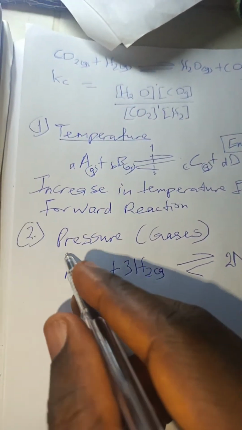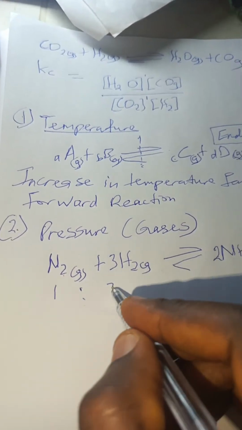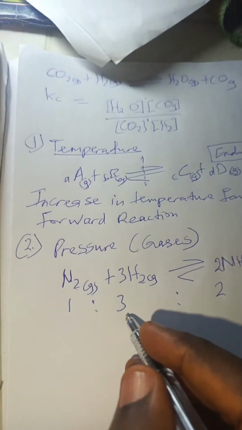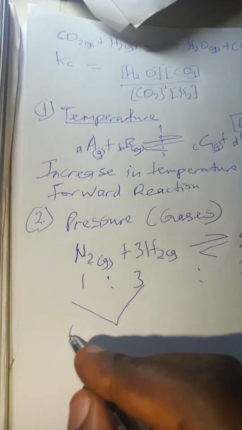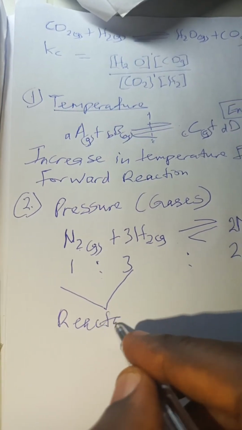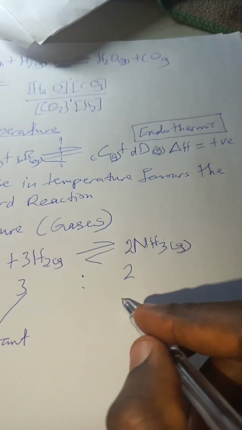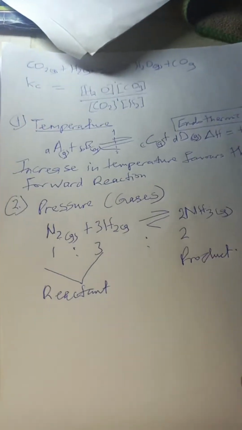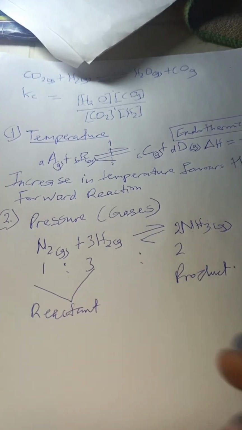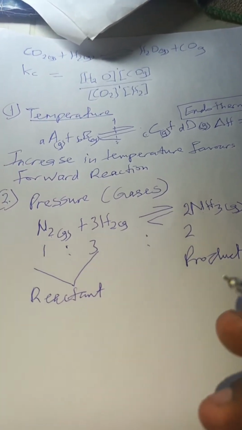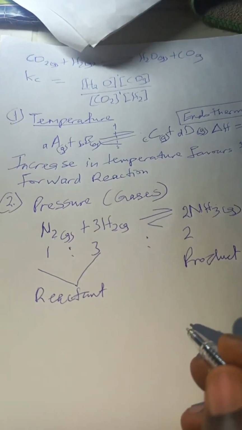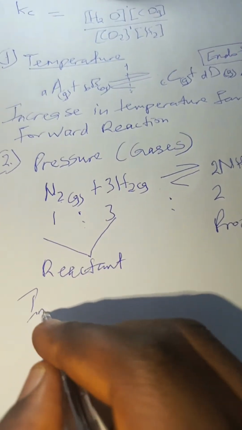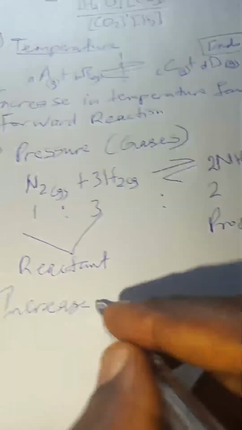So the ratio is 1:3:2. Now, this is the reactant, and this is the product. Increase in pressure favors where we have the least moles of gas. Okay, now increase in pressure.